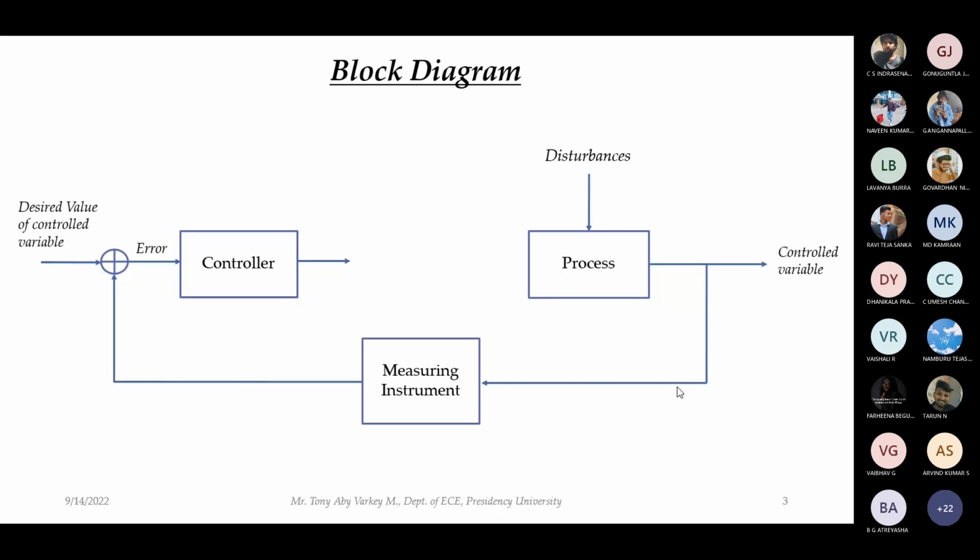Heater. So that is what is called the final control element. The final control element will do the required thing on the process, and you will get the desired control. Is the block diagram clear? Yes, sir.